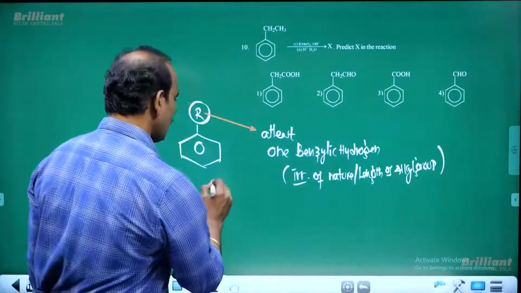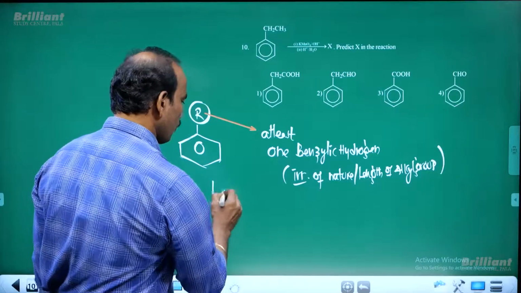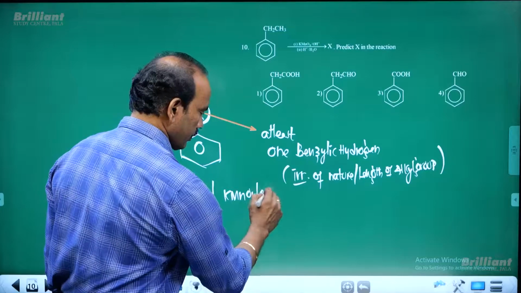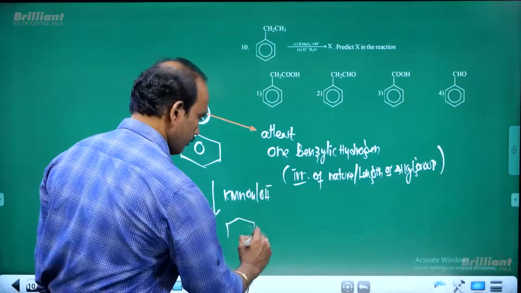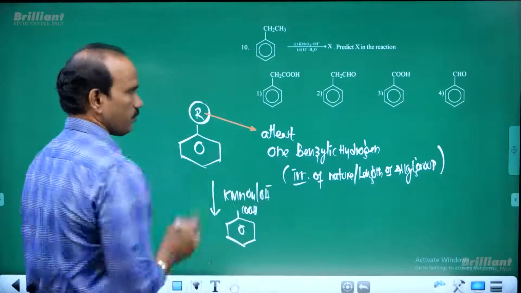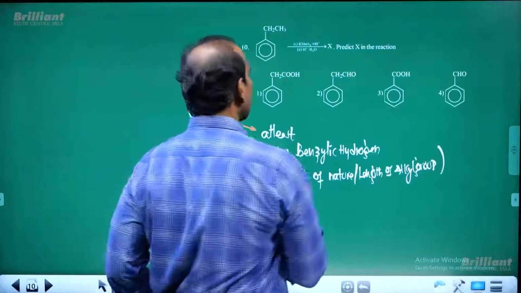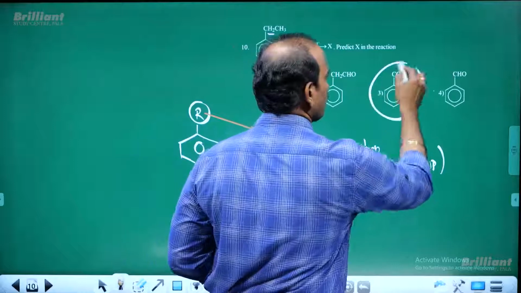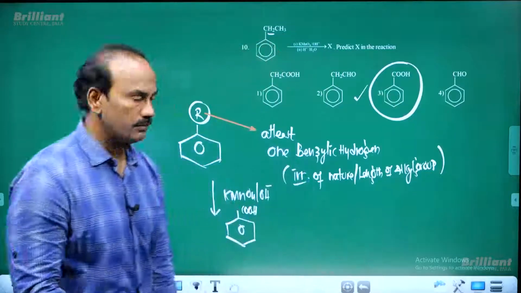Then this is treated with KMnO4, and we get benzoic acid irrespective. Here how many are there? Here 2 hydrogens. That's why this is the product.